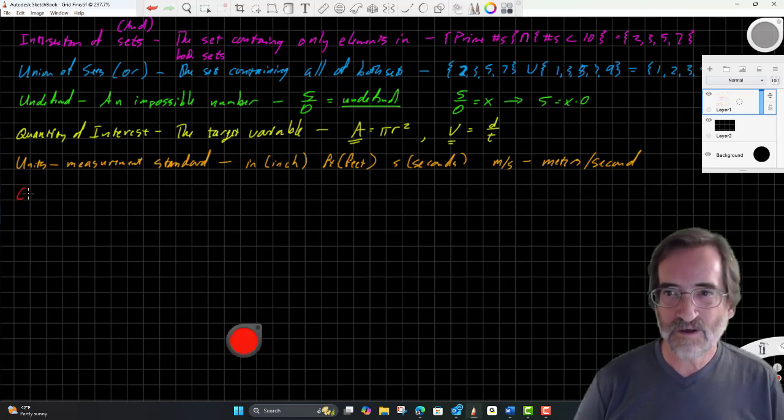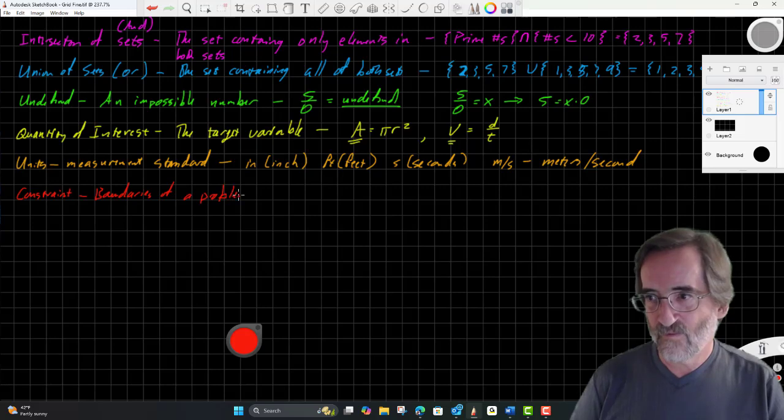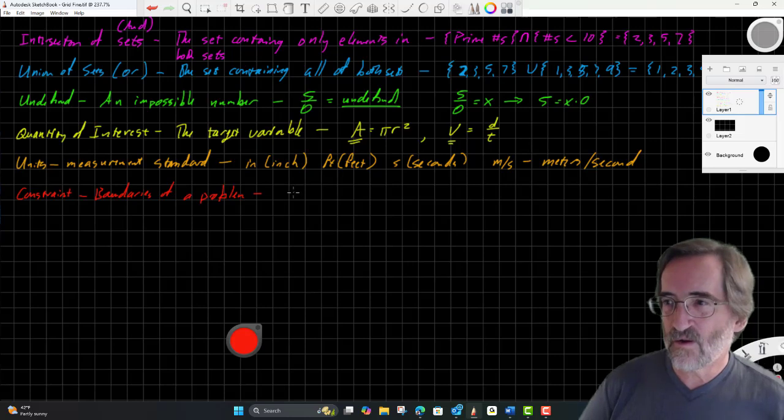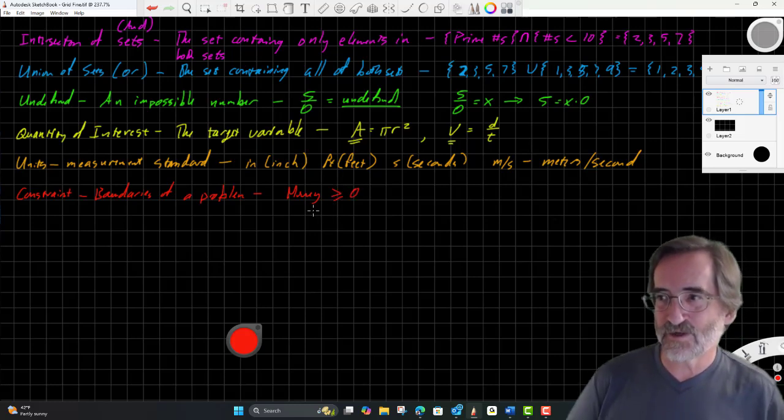Constraint. Boundaries of a problem. So, for example, money hopefully is greater than or equal to 0.